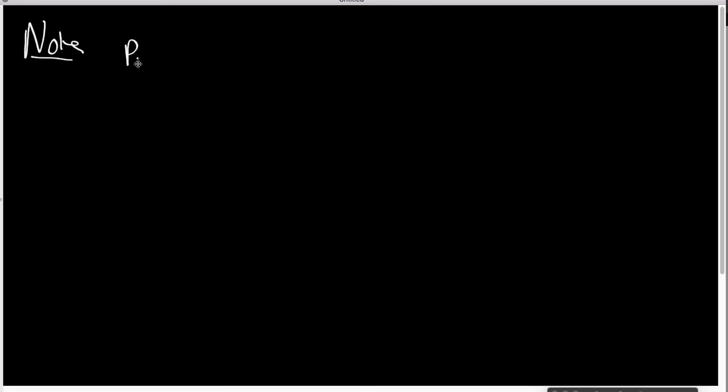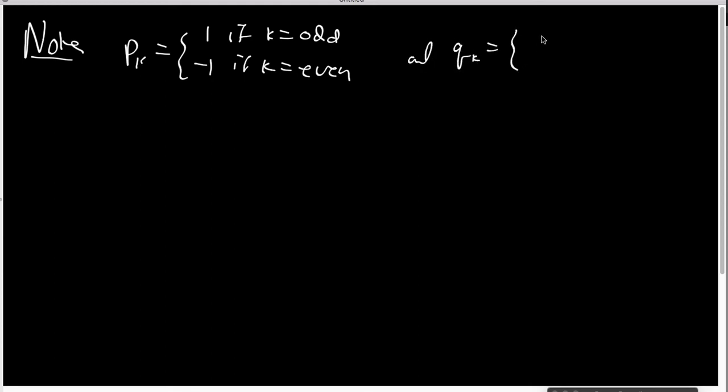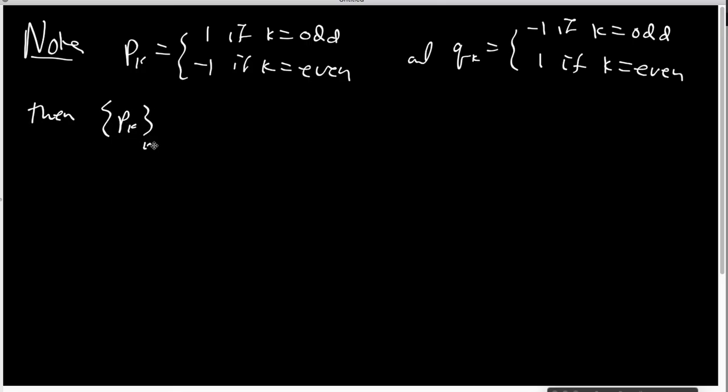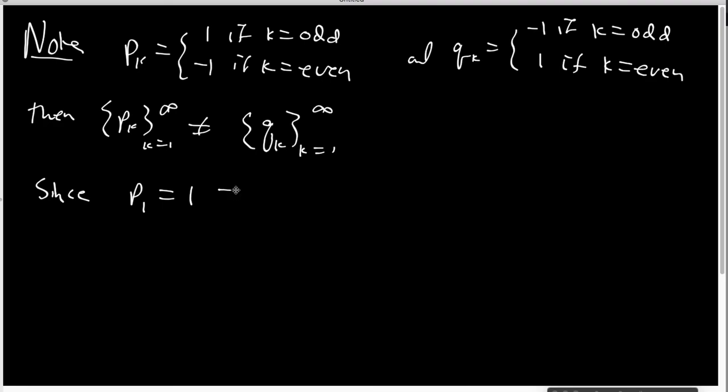So as a note, if my pk's are defined as 1 if k is odd and -1 if k is even, and qk is defined as -1 if k is odd and +1 if k is even, then the sequence of p's and the sequence of q's are not equal to each other, since p1 is equal to 1, and that's not equal to -1, which is q1.